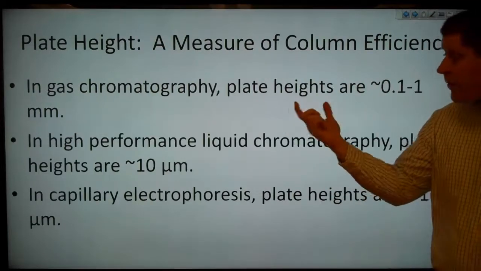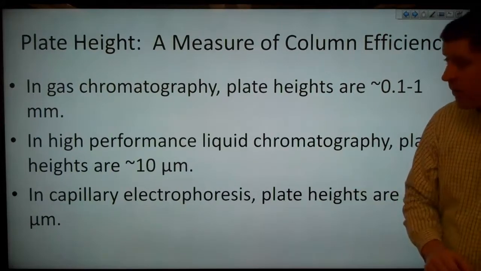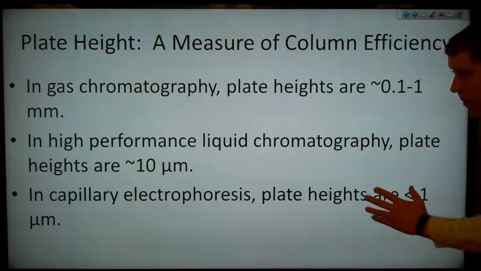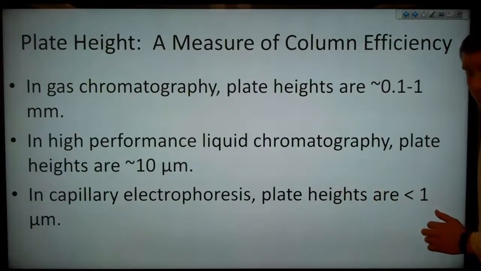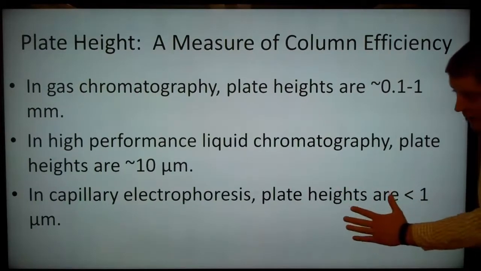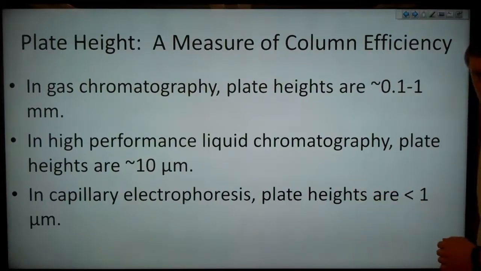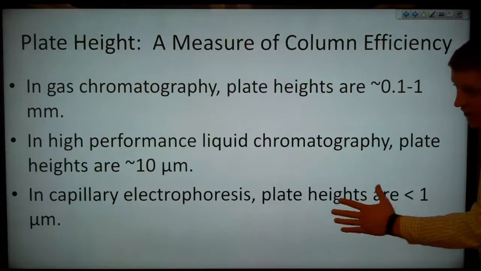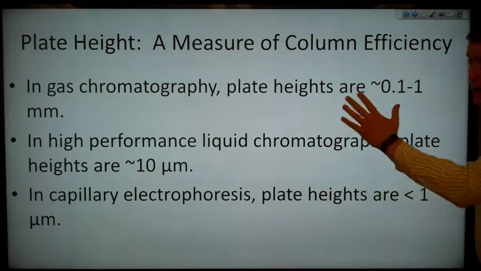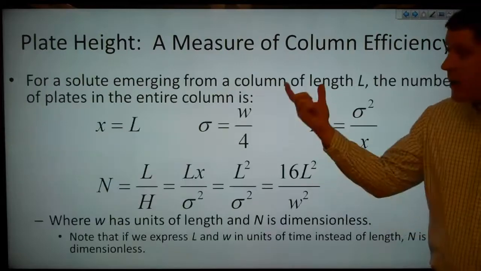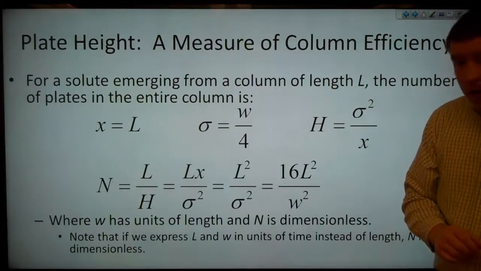In gas chromatography, the plate heights are around 0.1 to 1 millimeter, and in HPLC, or high performance liquid chromatography, the plate heights are closer to 10 microns. In capillary electrophoresis, the plate heights are less than 1 micron. So the efficiency of capillary electrophoresis is going to be better than HPLC, which is going to be better than gas chromatography.